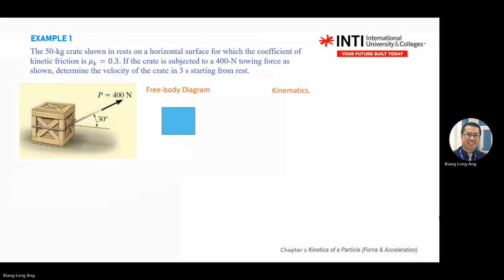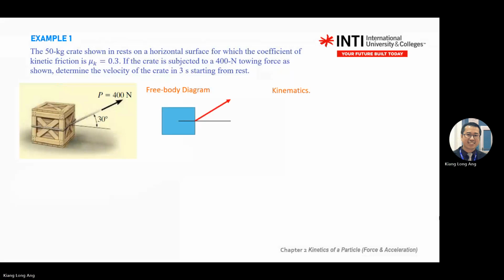So you divide your drawing board into left and right. Left hand side is all the force. Right hand side is all the motion. The left hand side is called the free body diagram, which you learned in statics. In engineering dynamics, you learn additional information, which is called the kinematics or kinetics diagram.